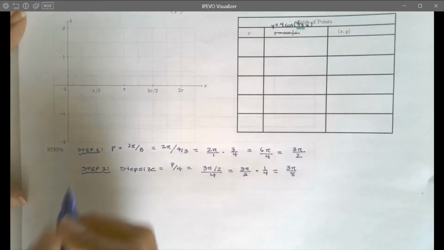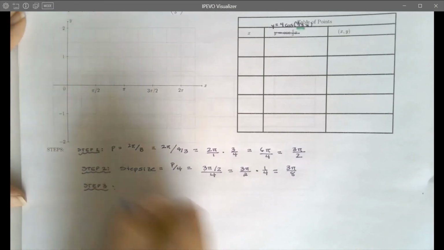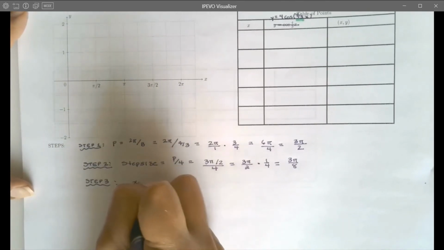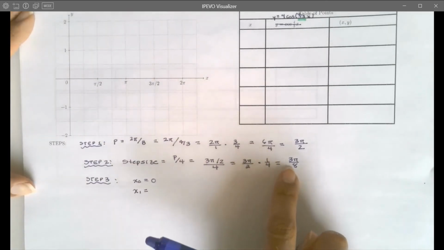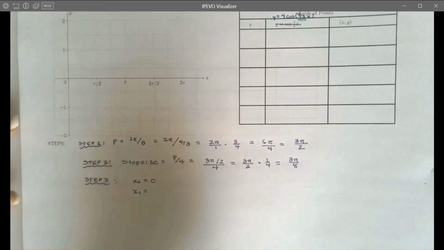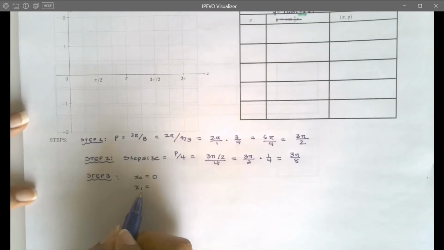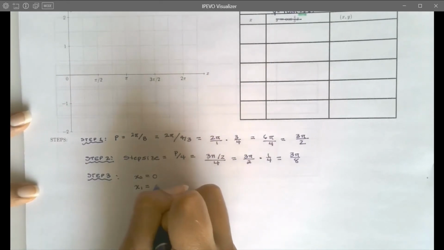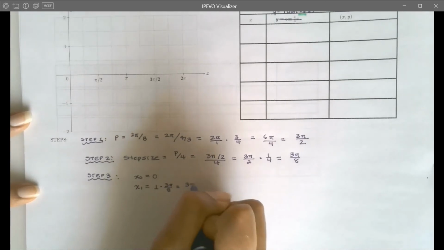Okay, now to find the x values, that would be our next step. We always start at 0. So x0 is going to be 0. And then for the next x values, we simply take the step size and keep adding it to the previous x value. Or sometimes an easier way to think about it is to simply take the 3 pi over 8 and multiply by whatever the subscript of the x value is. So to find x1, we take 1 times 3 pi over 8, which is 3 pi over 8.